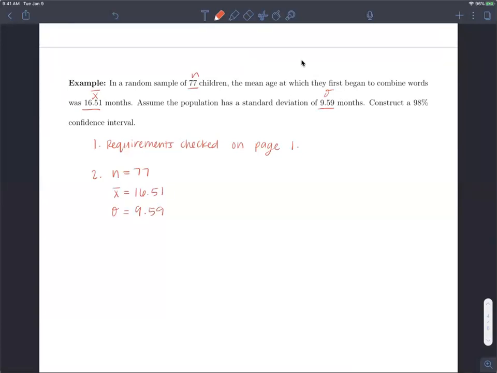And then there's one other variable that I'm given here that I was not given when we did this example earlier. What is this 98% going to represent? What letter should I give that?